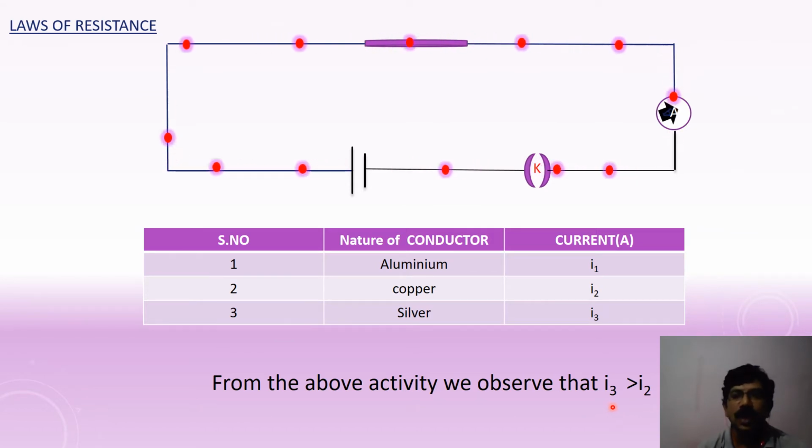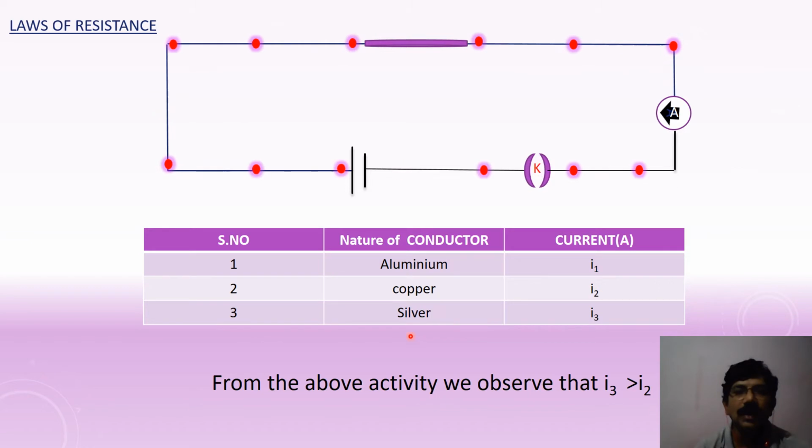But we are not using silver as conducting wires nowadays because silver is a costly metal when compared to aluminum and copper. So copper is the best conductor because it opposes less resistance to the flow of electrons. So we can use copper as the conductor.